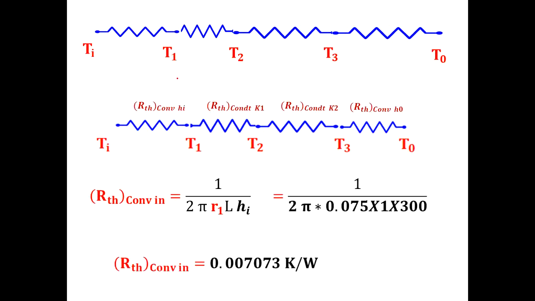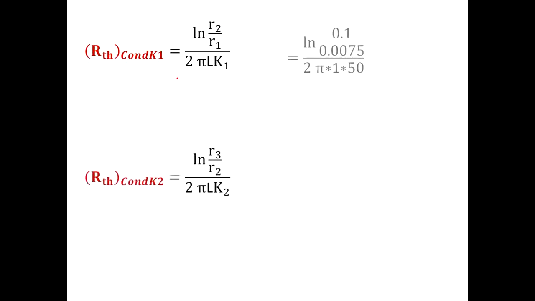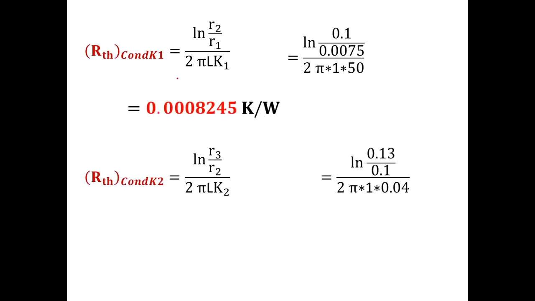After substituting, convection thermal resistance will be 0.007073 Kelvin per watt. Similarly, for conduction K1, ln of R2 by R1 divided by 2 pi L K1, ln of 0.1 divided by 0.075 divided by 2 pi.